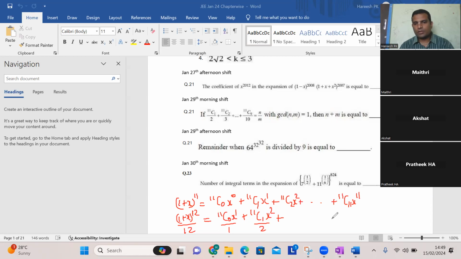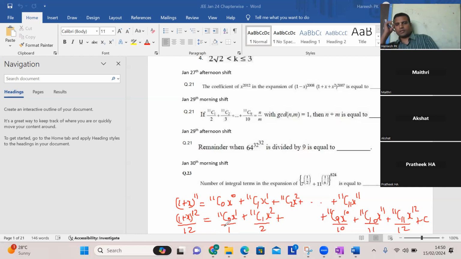Like this you'll go on. Then 11C9 x power 10 by 10, 11C10 x power 11 by 11, 11C11 x power 12 by 12, plus a constant of integration. This is what we get.